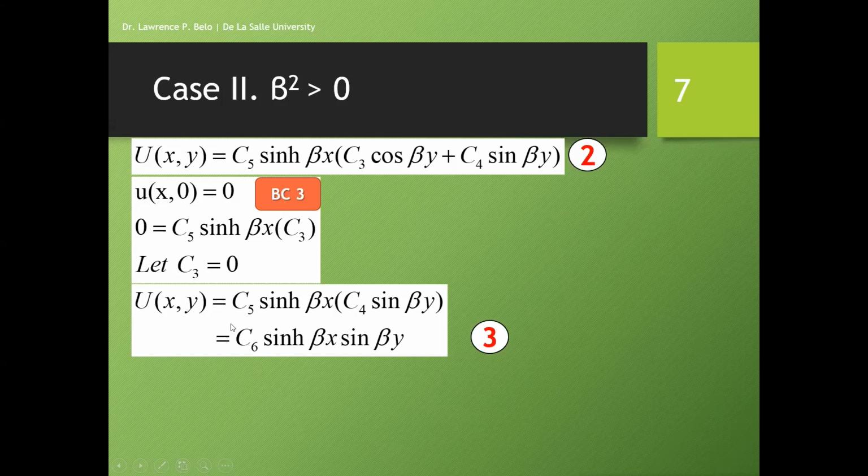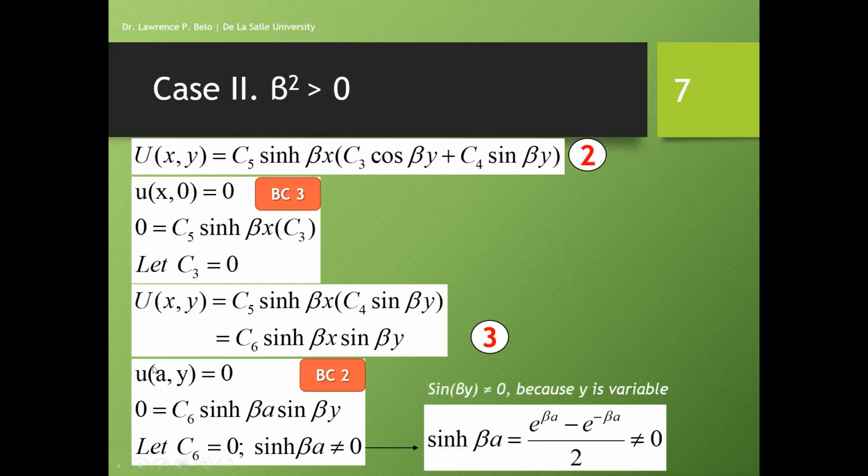Now I have a question: do we still have other boundary conditions? Yes, right? AY equals 0. So we can replace our x by A, and then equate this to 0. C6, hyperbolic sine BA, sine BY. Okay?